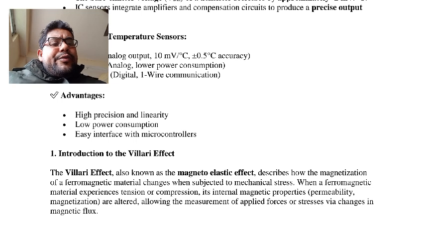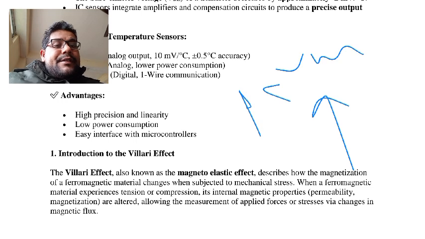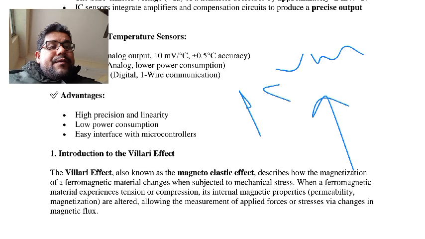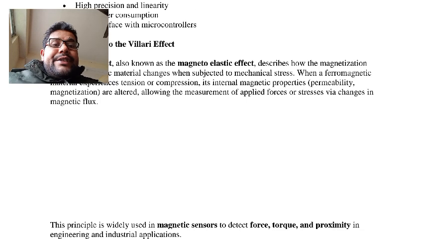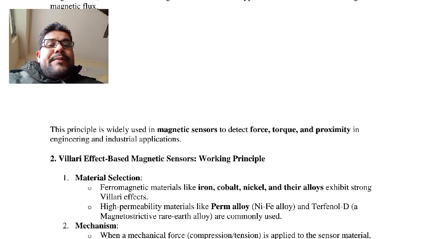That magnetization property is nothing but permeability, so permeability changes with the magnetic flux. This principle is widely used in magnetic sensors to detect force, torque, and proximity in engineering and industrial applications.